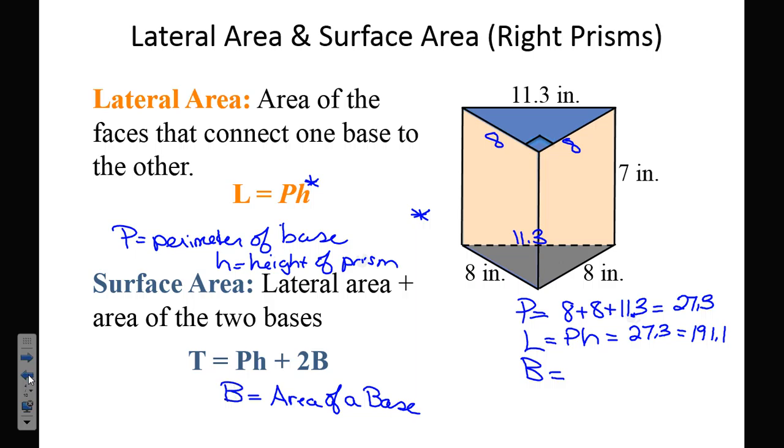Base times height divided by 2. So base times height divided by 2 will be 8 times 8 divided by 2. So 64 divided by 2 is 32.